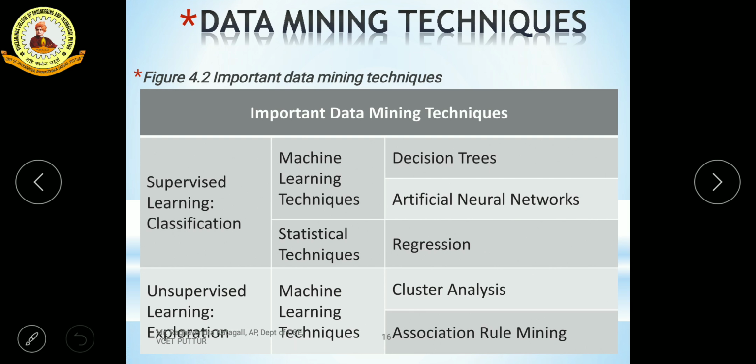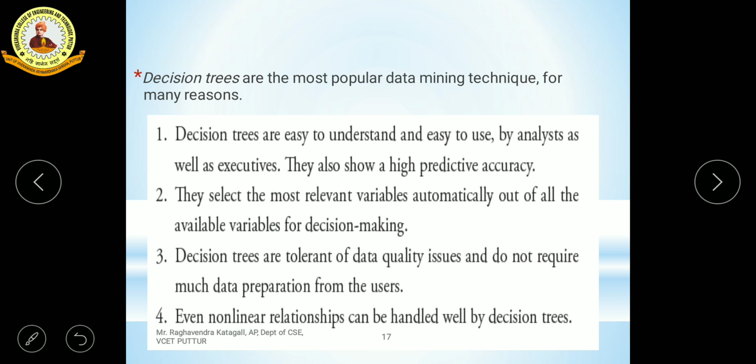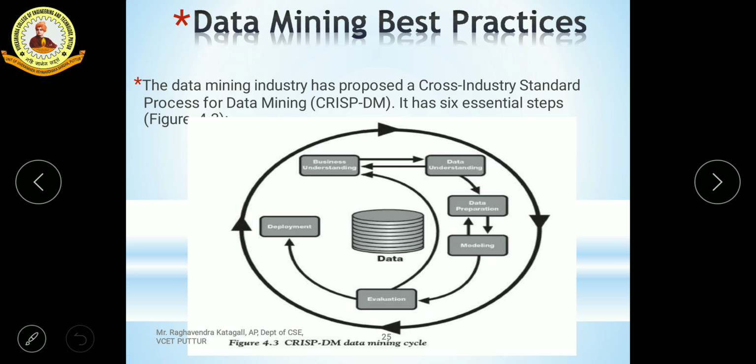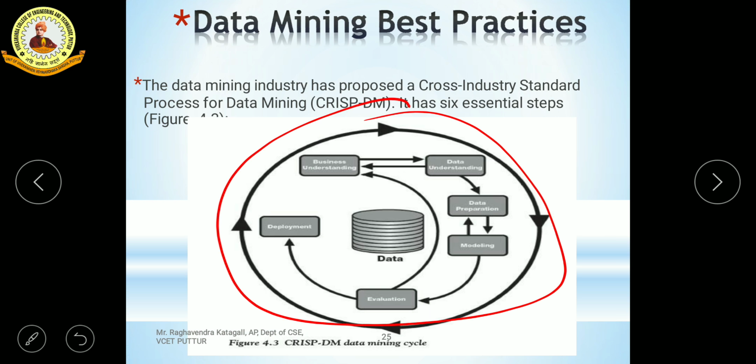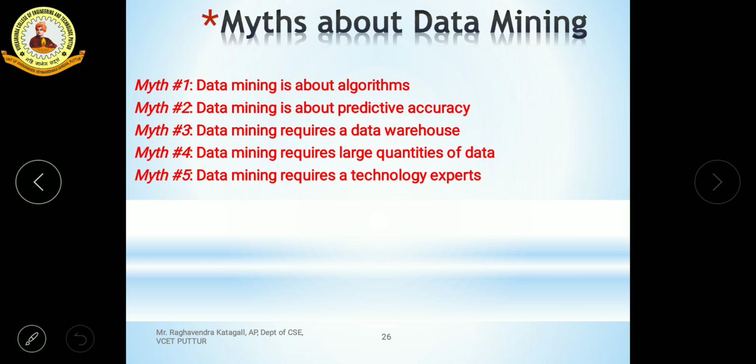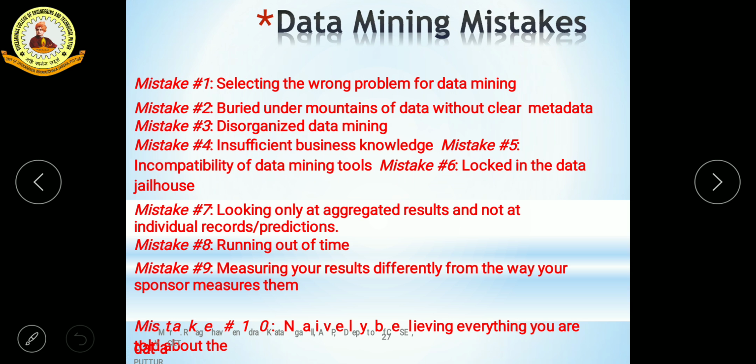In these two varieties, we have learned 5 different techniques. You have to be in a position to write notes on all these things. Okay. Then we have learned what is the CRISP-DM data mining cycle, right, with 6 points of explanation. Then we have learned myths about data mining and mistakes we make when we go for data mining. So this is all about this chapter.